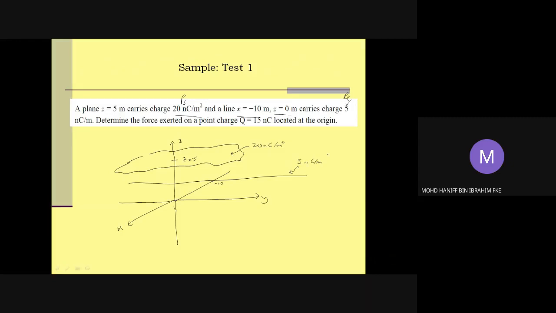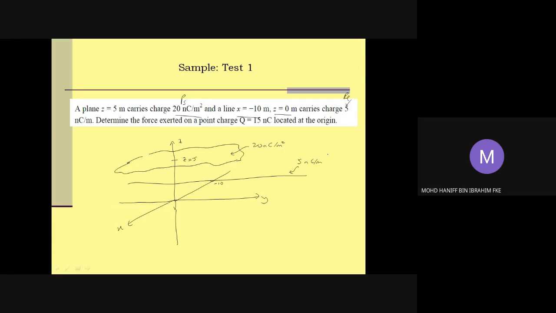That should be the sketch of your charge distribution. Hopefully you understand. You must be able to sketch the exact location of your charge distribution.